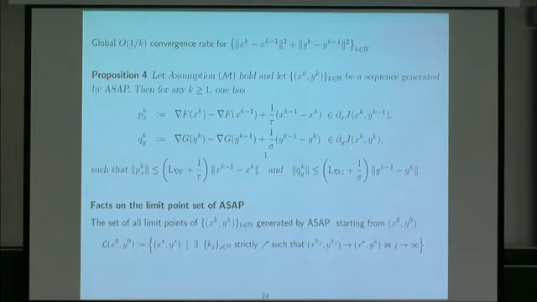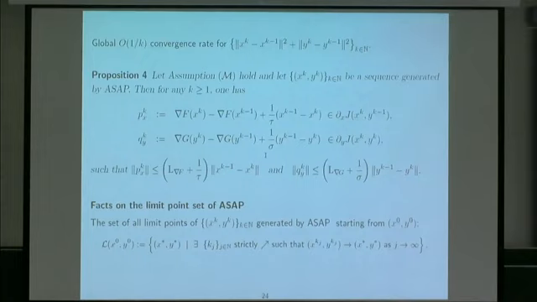And we know that these subgradients are bounded by xk minus 1 minus xk, and from the previous proposition we know that this quantity goes to 0. So this subgradient will go to 0.